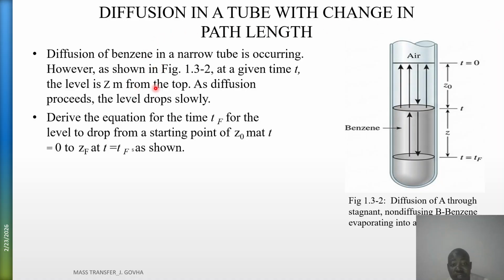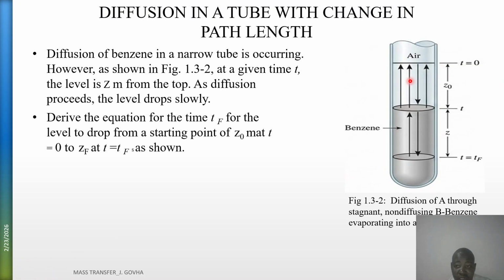As diffusion proceeds, the level drops slowly. So we are somewhere at a level z, and as diffusion proceeds the level is dropping, and as the level is dropping, it means the length over which the benzene molecules are going to move to get out of this tube is also changing.